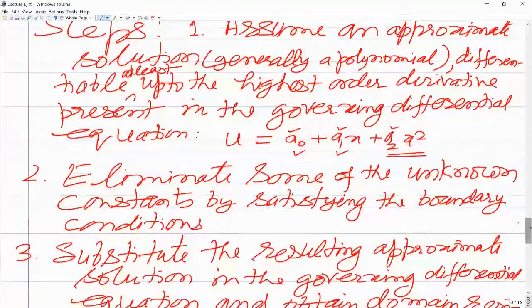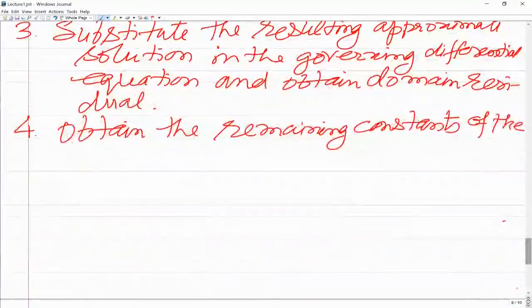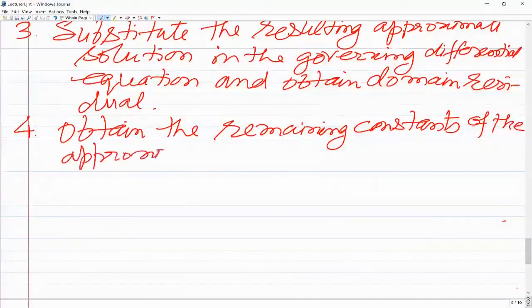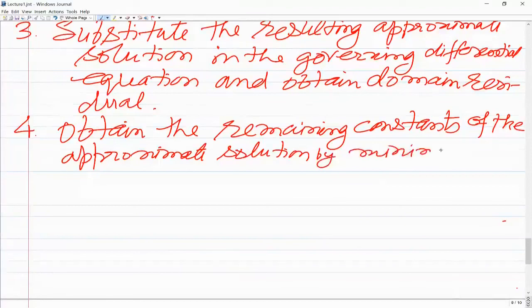So we find this remaining unknown constant, in this case a2, by appropriately minimizing the domain residual. Now what we mean by minimize, we will discuss.